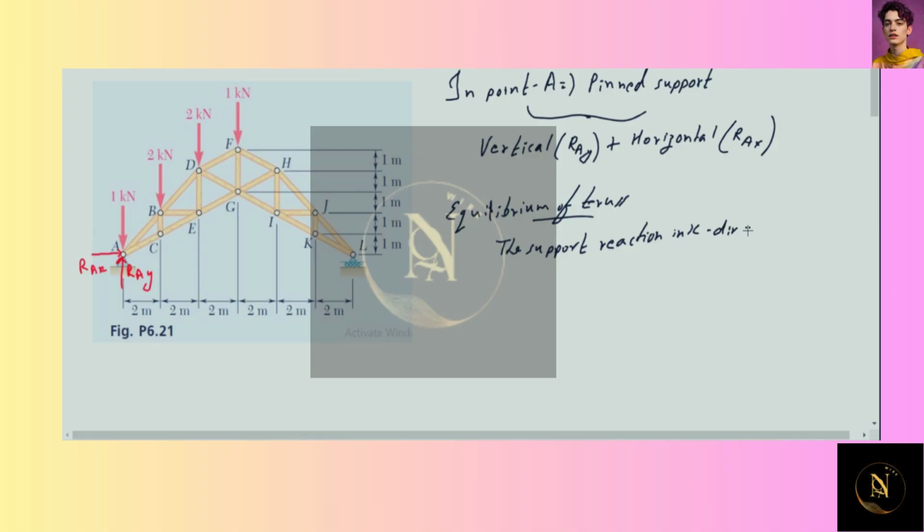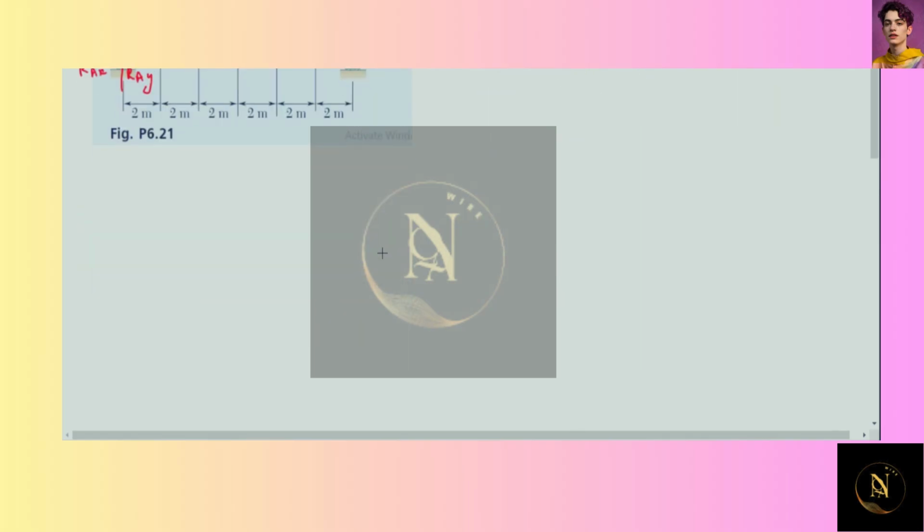That is, RAX equal to 0. So now at joint C, summation along y equal to 0 gives you FBC equal to 0.